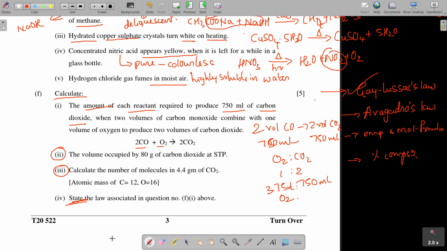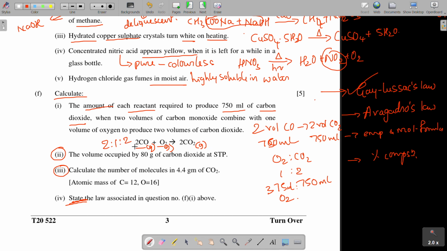You can just check the textbook. I will just tell you what it is here. It is Gay-Lussac's law of combining volumes, which states that when gases react, they do so in volumes which bear a simple ratio. It is only for gases. So if you see the ratio between CO and O2, it is 2:1. Not only that, it also bears a simple whole number ratio with the gaseous product, not the solid or liquid, only with the gaseous product.